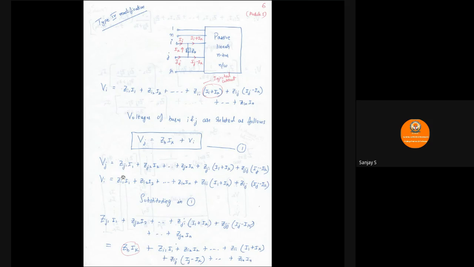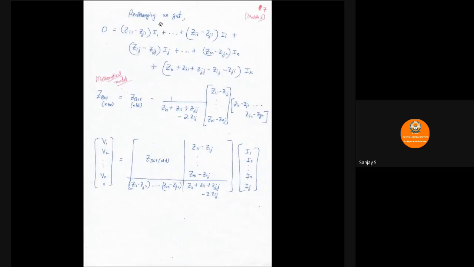We have the expressions for Vj and Vi over here. We just substitute the same in expression 1. So if we substitute, we get Zj1 I1 plus Zj2 I2 plus so on, Zji (Ii plus Ik), Zjj (Ij minus Ik) up to the last term. On the RHS we have Zb Ik plus terms corresponding to Vi, which is Zi1 I1 plus Zi2 I2 up to Zii into (Ii plus Ik), Zij into (Ij minus Ik) plus Zin into In.